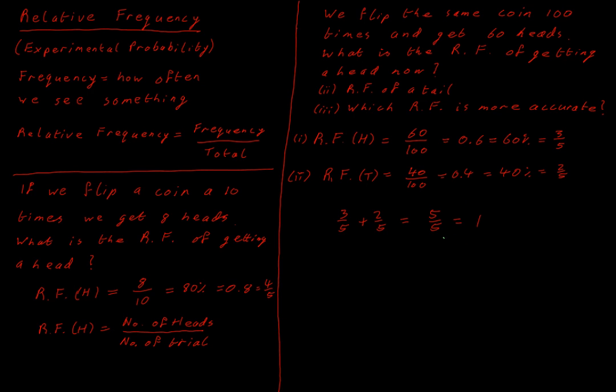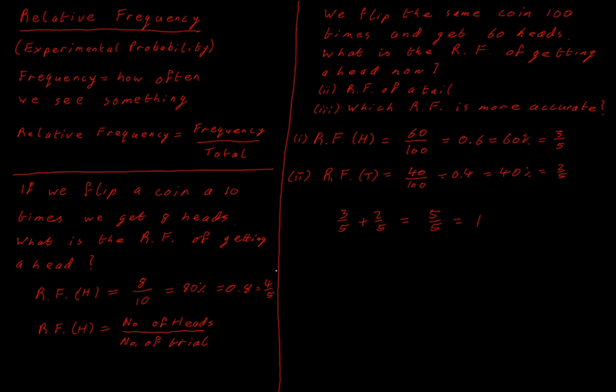Well, yes, it does, because these are the only two possibilities. I'm definitely going to get either a head or a tail when I flip my coin, so it makes sense that the probability would be 1, because I'm certainly going to get either a head or a tail. It covers all of my possible outcomes.